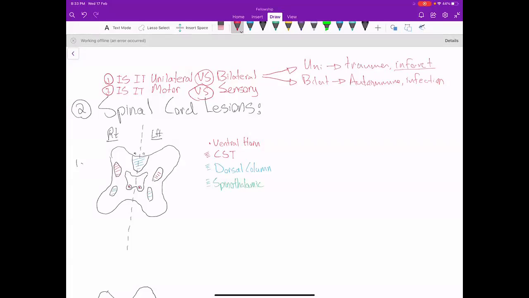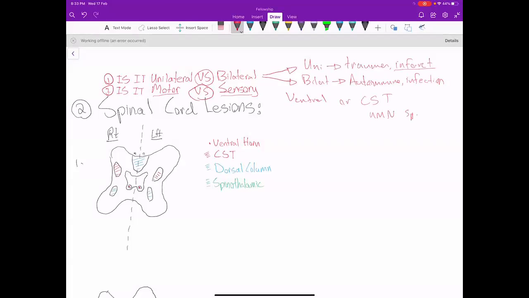You isolate the symptoms. Number two, you need to know, is it only sensory or is it motor? Because if it's only motor, then you're only going to think of diseases that affect either the ventral horn or the corticospinal tract, and it's pretty straightforward. Then you ask yourself, is it an upper motor neuron lesion?